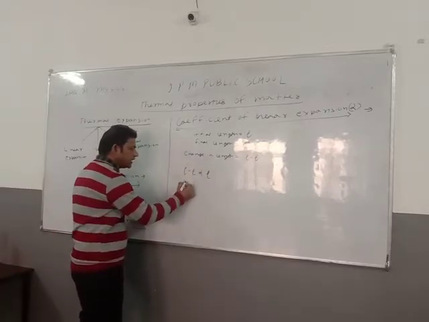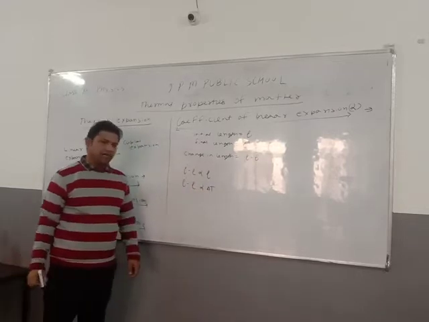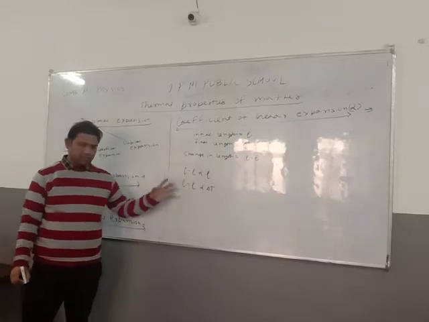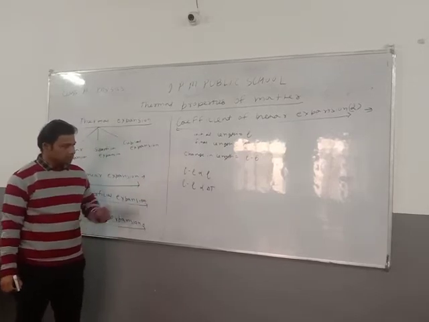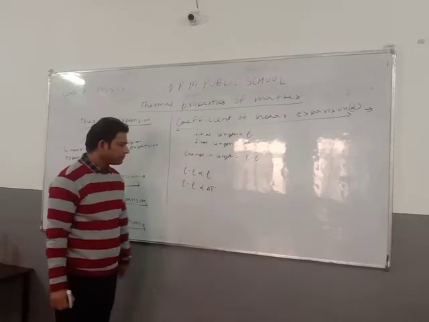Change in length, L dash minus L, is directly proportional to L, and L dash minus L is directly proportional to delta T. It means if temperature is increased, then expansion of length is increased. If we use a longer rod, then expansion is more.